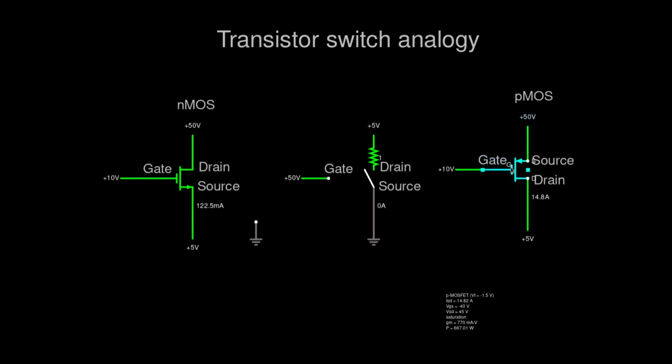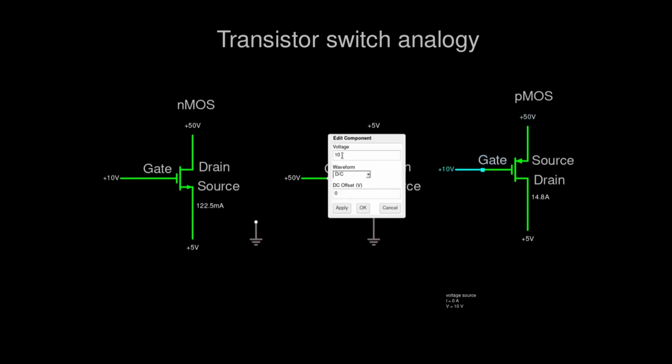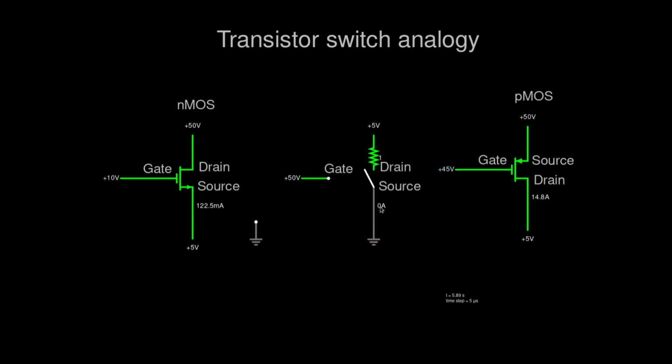So if the threshold voltage here is also 1.5 volts, which it is, then to get the same current, we need the potential differential to be the same as in here. So in here it's 5 volts, then in here it also should be 5 volts. So let's put it to 45 volts. And run the circuit. We can see the current is exactly the same.